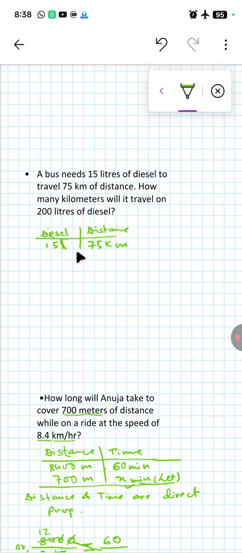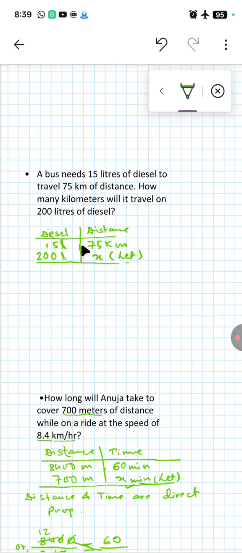In 15 liters of diesel, 75 kilometers is covered. So how many kilometers will it travel in 200 liters? If there is 200 liters of diesel in that bus, how much can it travel? So let it be x kilometers.